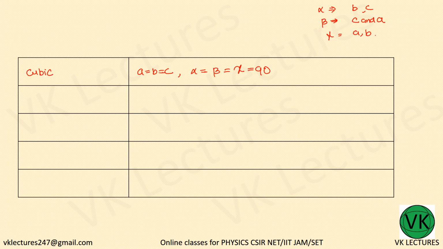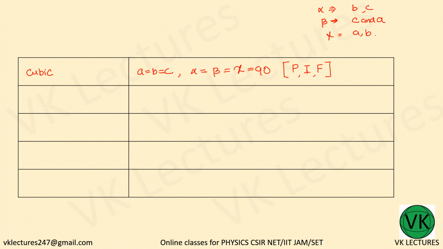Okay, so cubic is A equal to B equal to C, and alpha equal to beta equal to gamma equal to 90 degree. Then what are the structures available? There is a primitive structure of cubic available, there is a body centered available, and there is also face centered available for the cubic structure.